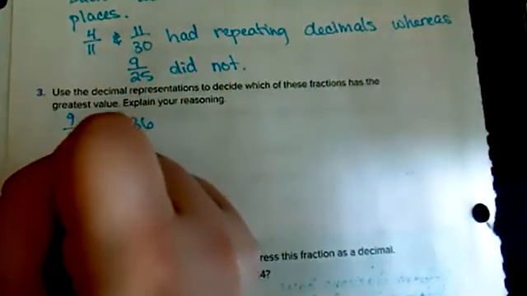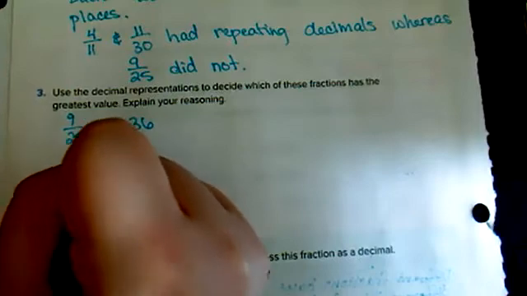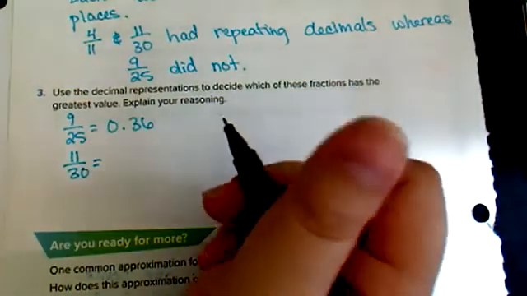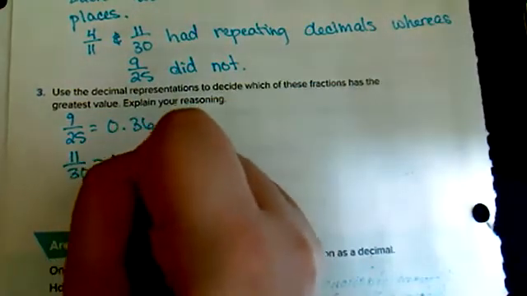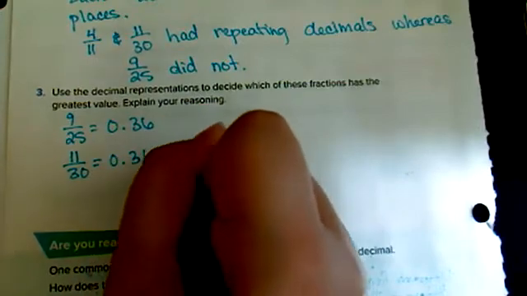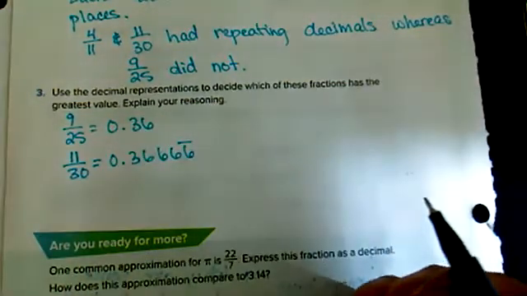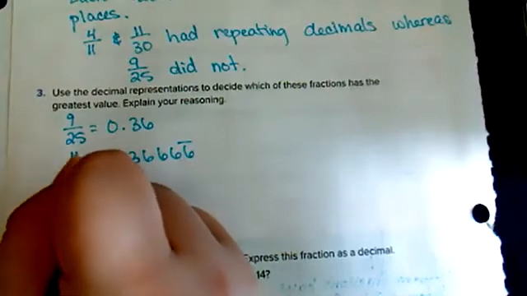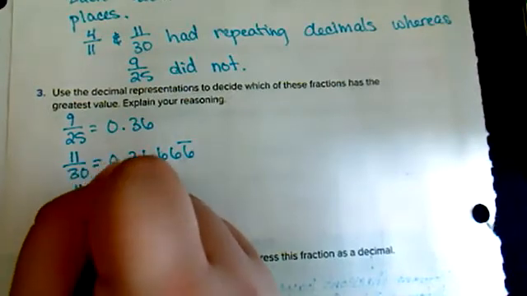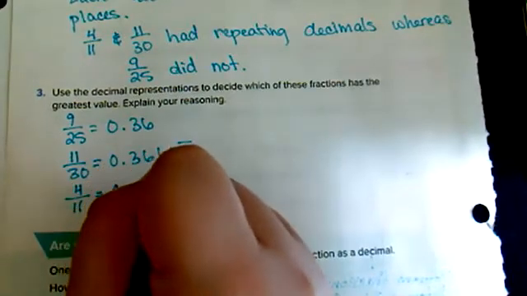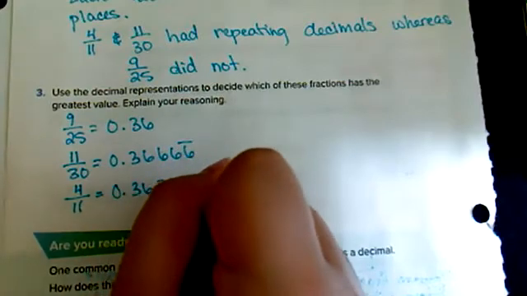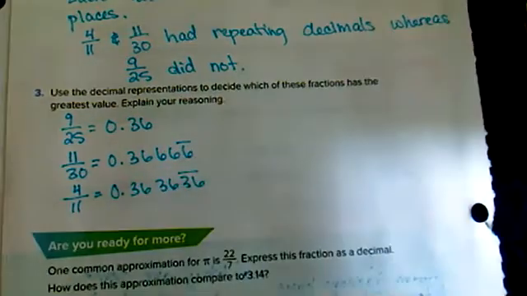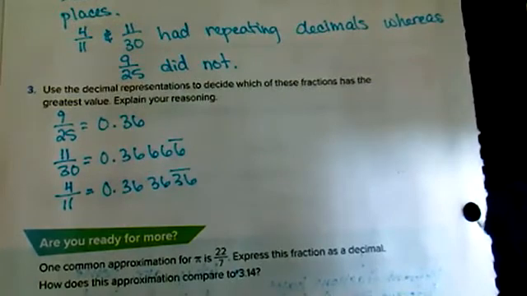And then we had 11/30, which was 0.36666. It would have just kept repeating. And 4/11 was 0.363636. So out of all of these, which one do you think has the greater value?